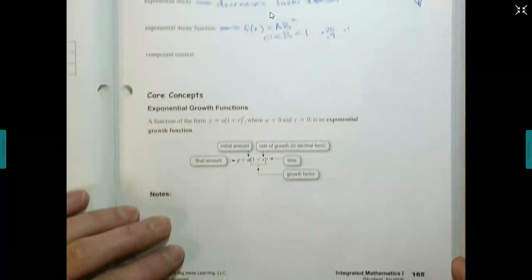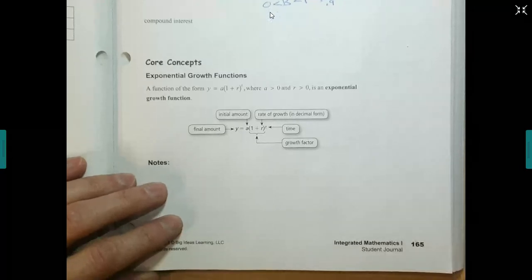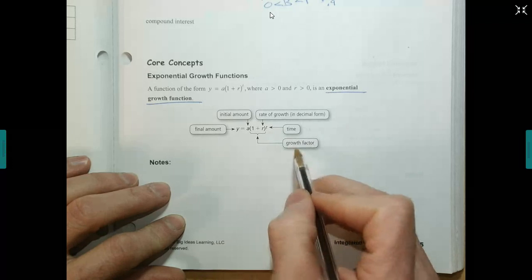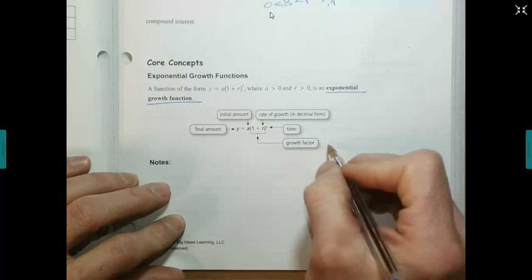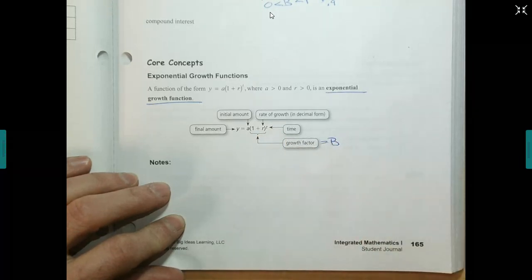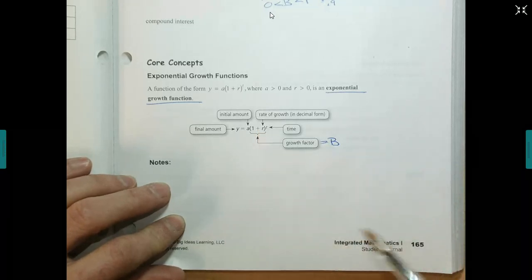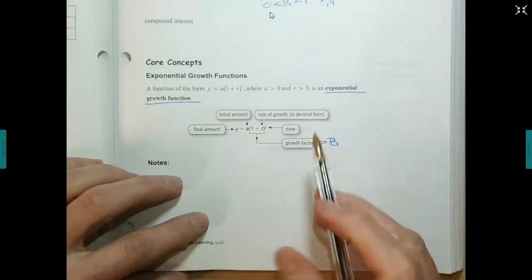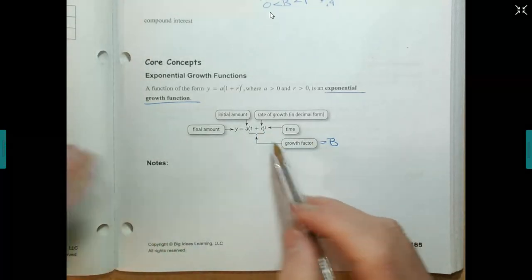So, if we look here on the bottom of the page, it shows what exponential growth looks like. And this growth factor right here, this is b. That is our b value. So, we're going to look at a couple today where it says that the rate of change might be, say, 11%. So we're going to turn 11% into a decimal, and that's 0.11.